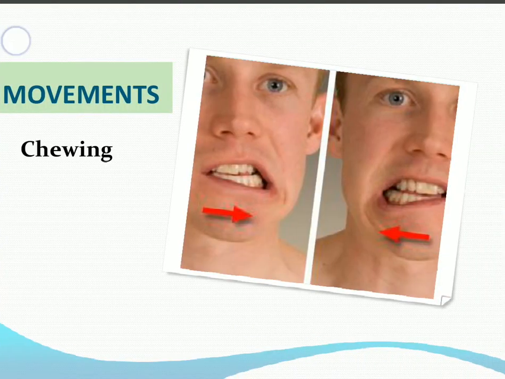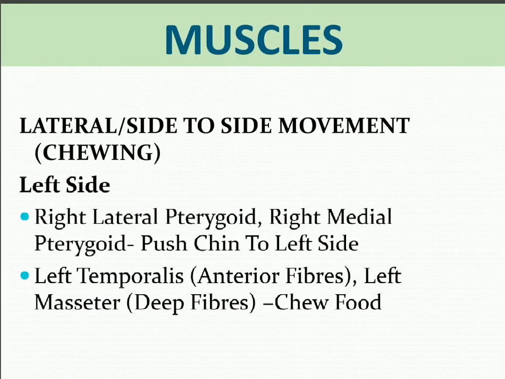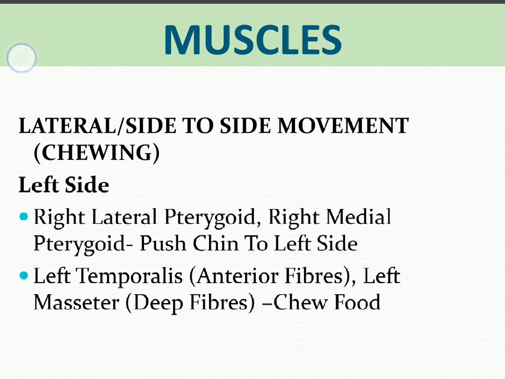Chewing movement is a very, very important movement in which the joint basically moves from side to side. So it is also known as lateral movement or side to side movement. To move to the left side, you have the muscles of the right side, that is the lateral pterygoid and medial pterygoid of the right side, which will push the chin to the left side.